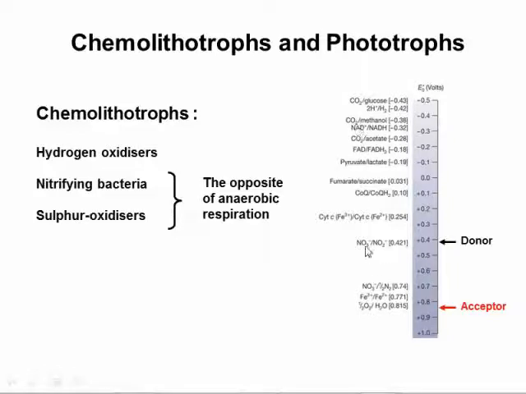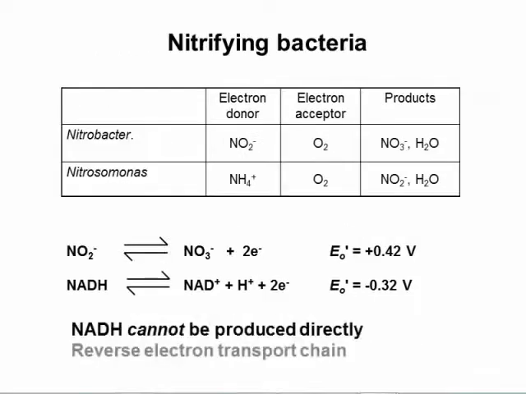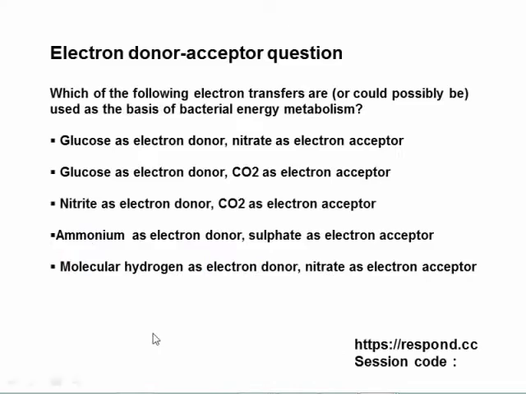Nitrate is a pretty good electron acceptor. CO2 is lousy, terrible. It's the worst. So here the question is saying we're going to have a good electron acceptor giving electrons up to a poor electron acceptor. That's not going to work. It's got to be the other way around. So no, this does not work.